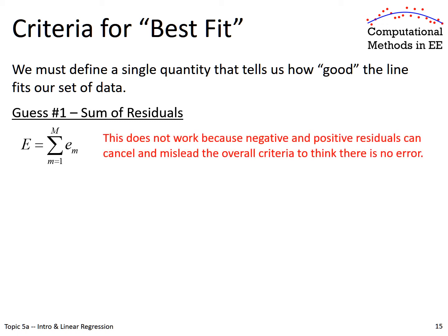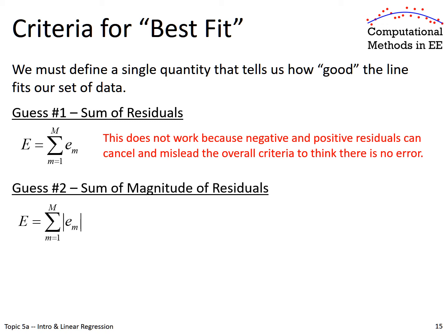It turns out that's not good because you will have positive and negative residuals, and they could be relatively large, but if you add them together, we could end up with overall a sum that's near 0, even though we have very large residuals, and it's not a good curve fit. So a sum of residuals is not very good.